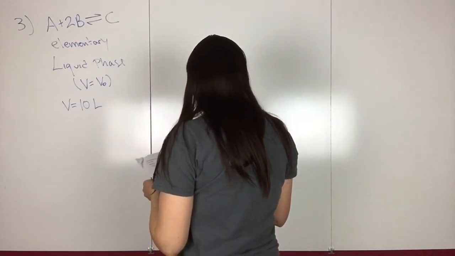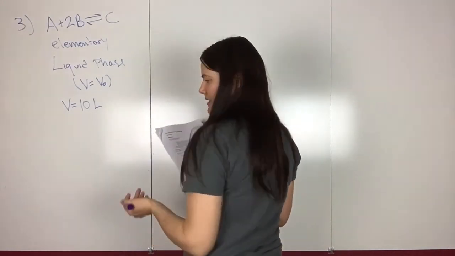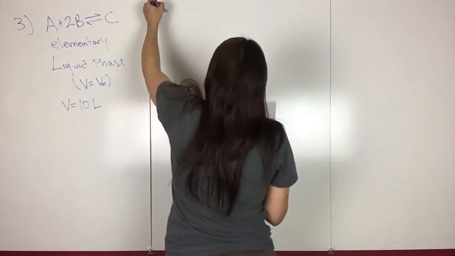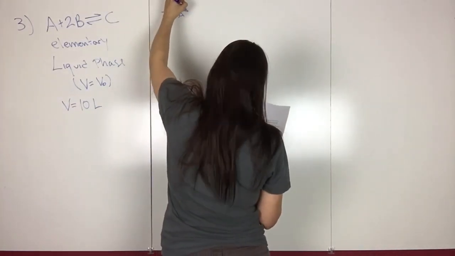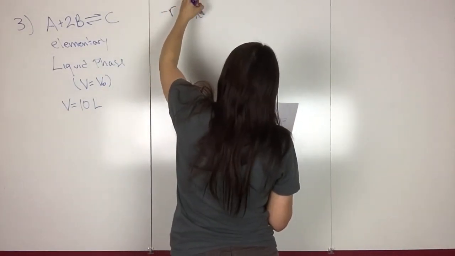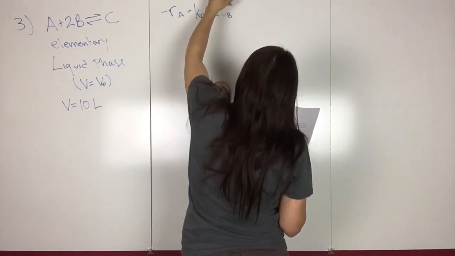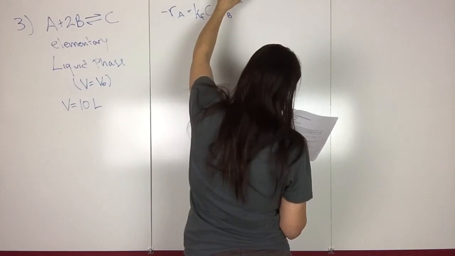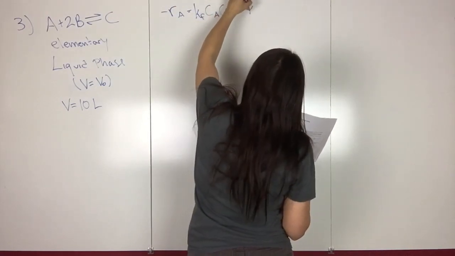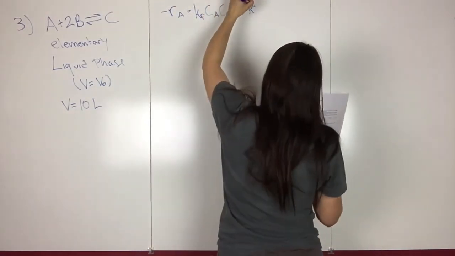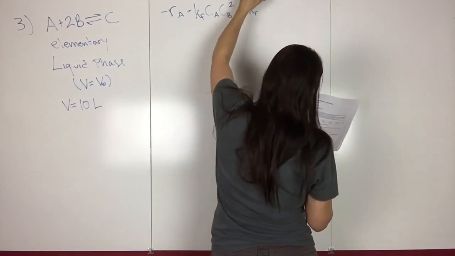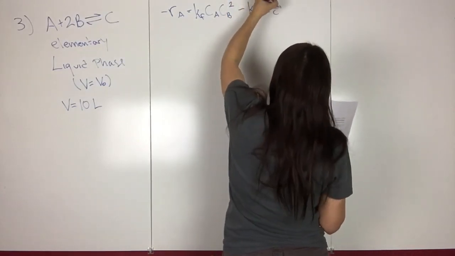And it gives you the rate in this, so minus r_A is equal to k_F C_A C_B squared minus k_R C_C.